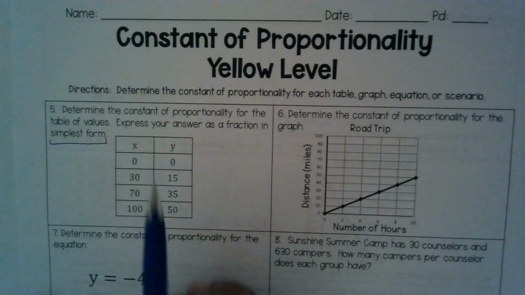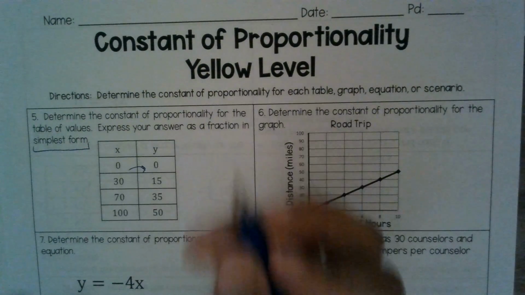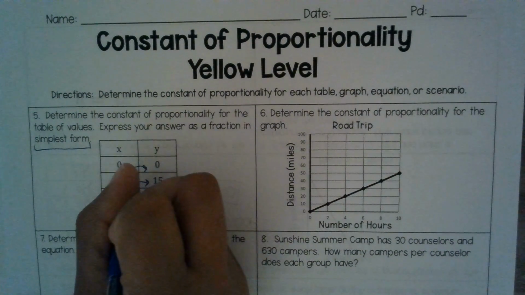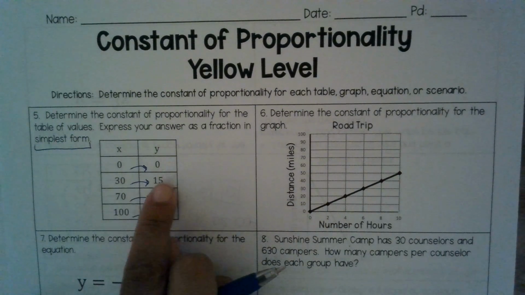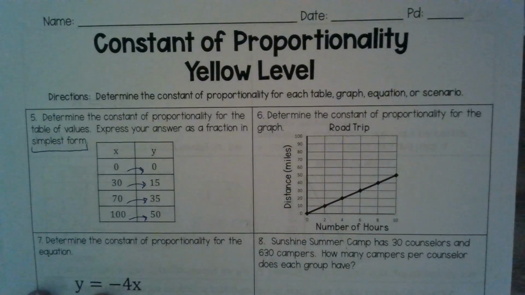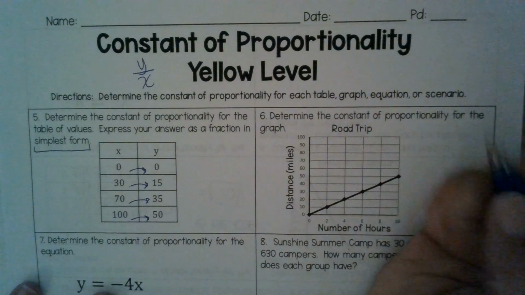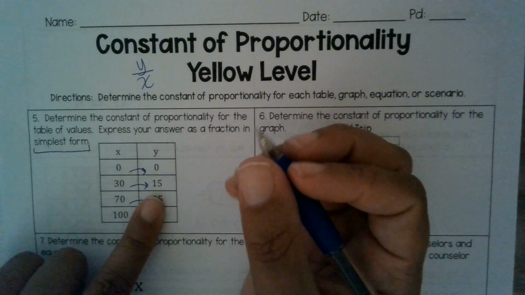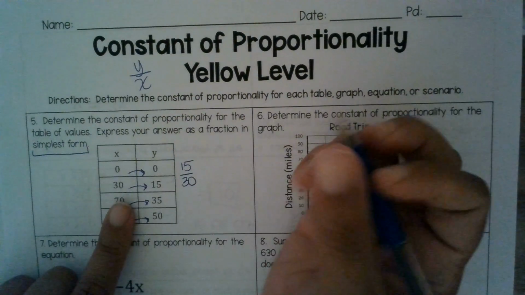So, let's find my pattern. Well, again, it's harder to find a pattern if I'm going from 0 to 0. So for now, you're going to skip it. I need to try to find a pattern with the rest of these. How do I go from 30 to 15, 70 to 35, 100 to 50? Be very careful. Your formula is still Y divided by X. So it's still this number divided by this number. So for this one, I'm going to do 15 divided by 30.